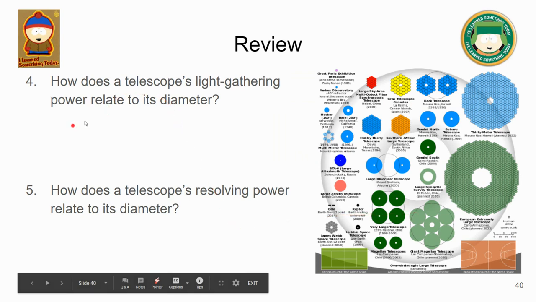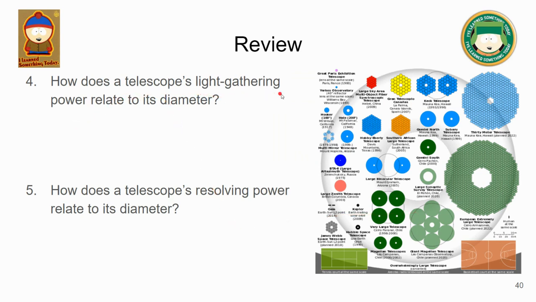So, how does a telescope's light gathering power, which is what we talked about in the previous class, relate to its diameter? Light gathering power is directly related to the diameter squared. The reason for this is that the area of a circle is pi r squared, or pi times the quantity 1/2 diameter squared. So light gathering power has d squared.